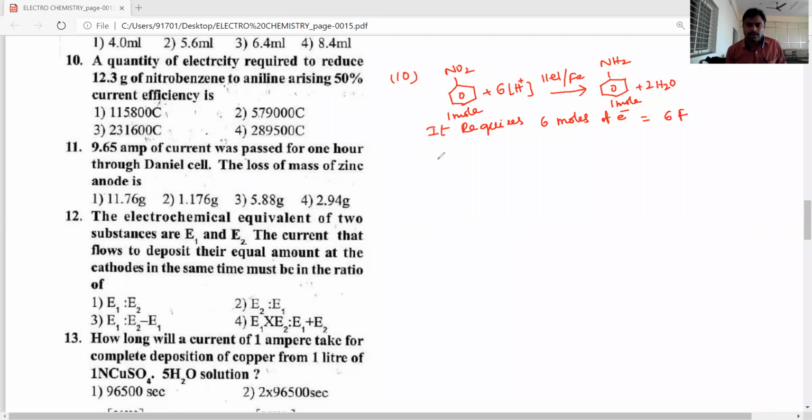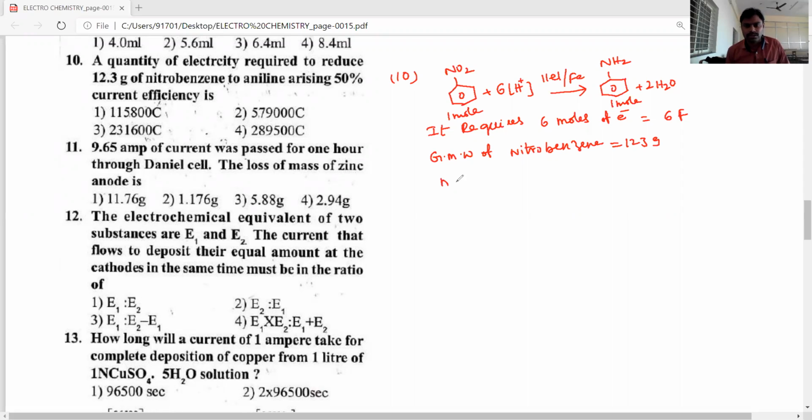It requires 6 moles of electrons, which is nothing but 6 faradays. What is the gram molecular weight of nitrobenzene? The gram molecular weight of nitrobenzene is equal to 123 grams. But how many grams of nitrobenzene are given?